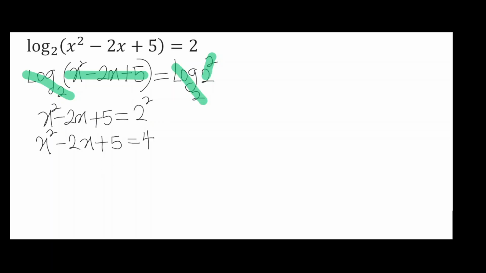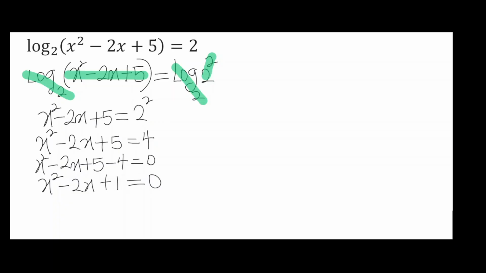So I have x squared minus 2x plus 5 minus 4 equals 0. And of course, it becomes x squared minus 2x plus 1 equals 0.